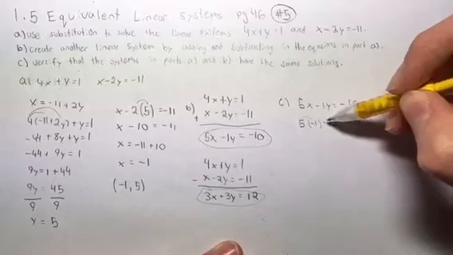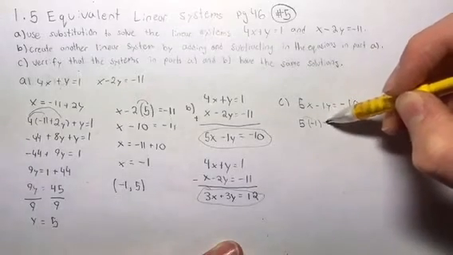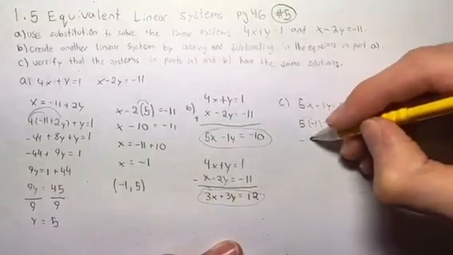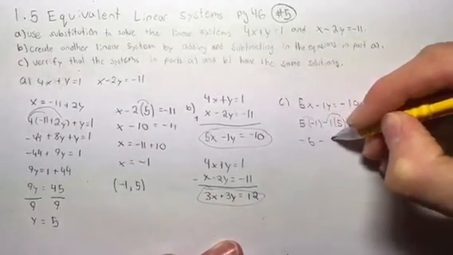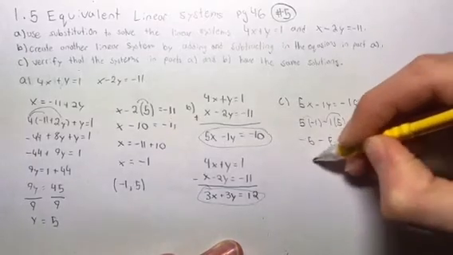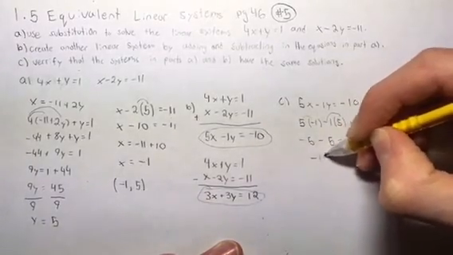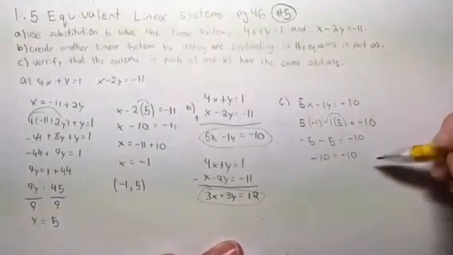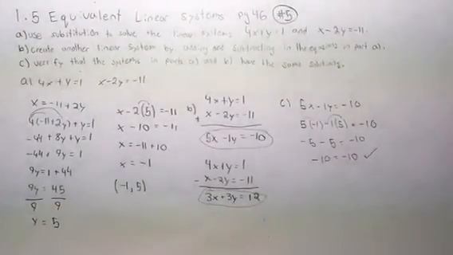So 5 times negative 1 and negative 1 times 5. And that ends up being negative 5 minus 5 equals negative 10. And since both sides are equal, then we have done everything right.